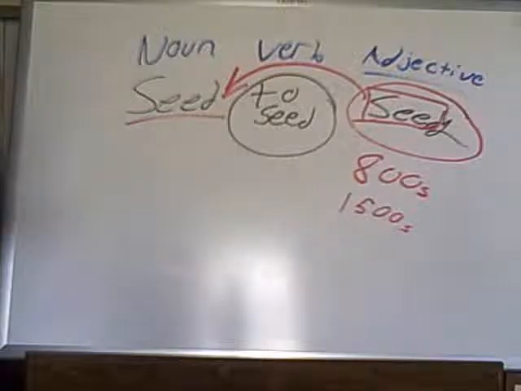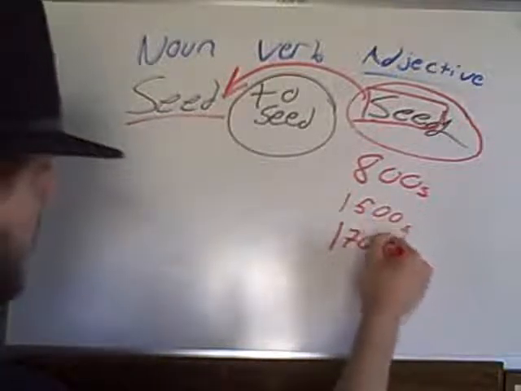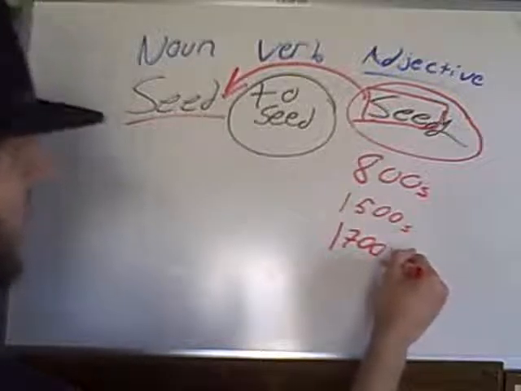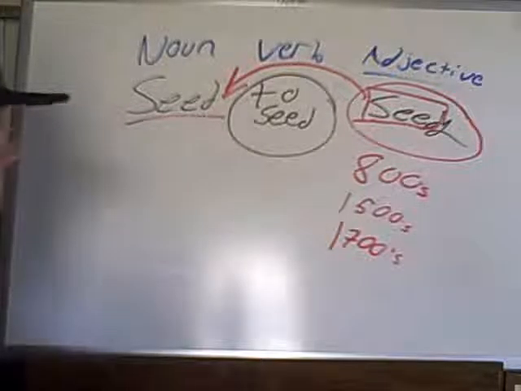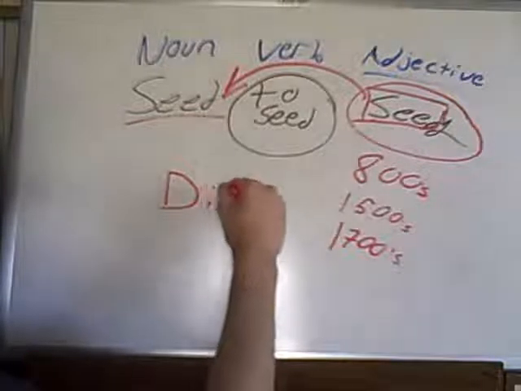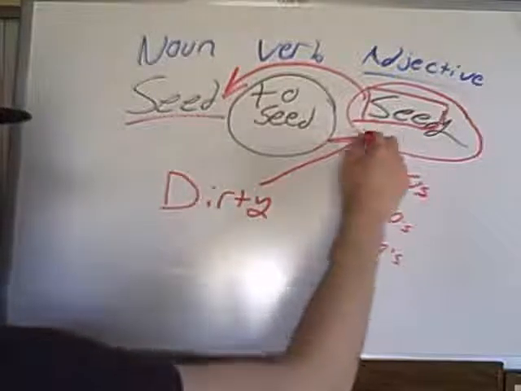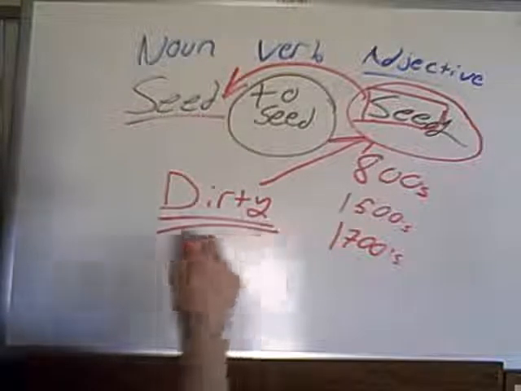But in the 1700s, some year in the 1700s, it gained a new meaning. Dirty. If something was seedy, then it was said to be dirty.